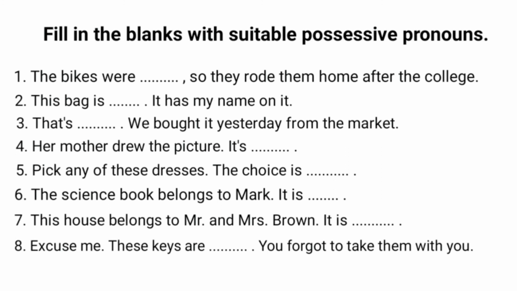Second sentence, this bag is dash, it has my name on it. We'll fill mine here. Mine is the ownership of this bag. So the sentence is, this bag is mine, it has my name on it.